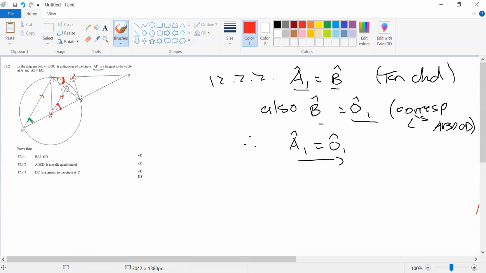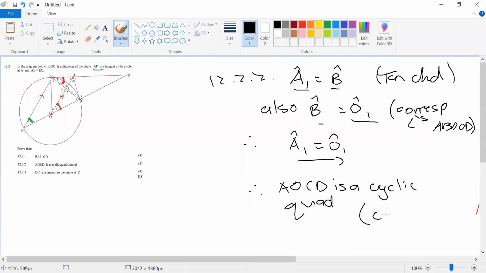And we already established that if we manage to prove that to be true, then we can say, therefore, AOCD is a cyclic quad. And the whole reason for this is because we just proved that it's the converse of angles in the same segment.